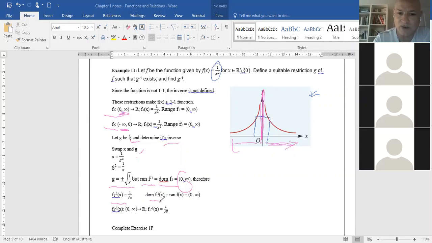The domain of the inverse is the range of the function, which is that, and then I've just written it all in function notation. You could have done number 2, but it didn't matter. I've just used number 1. You can't just use the positive part only. Any questions there?